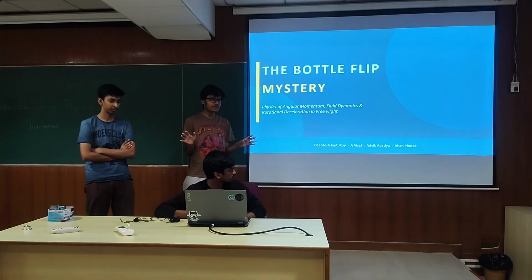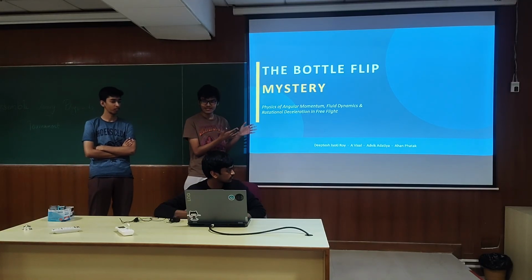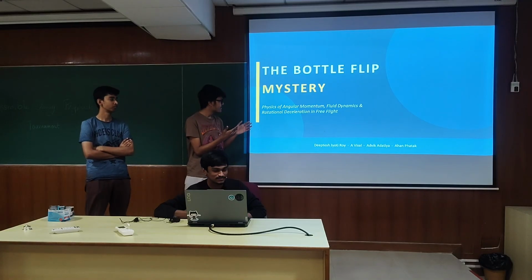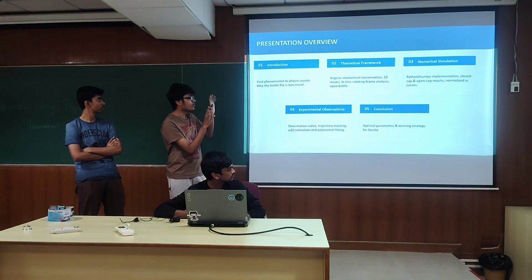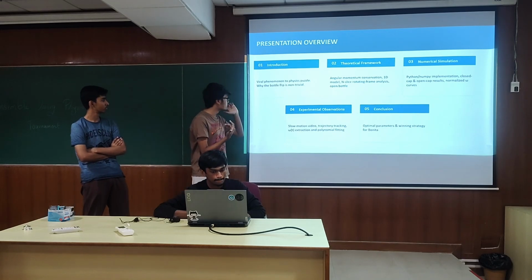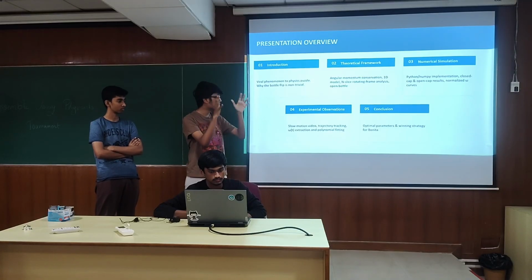So, hello everyone. We're trying to help Bonita with a water bottle flip in our presentation, where we model it basically as a 1D bottle flip. We use a theoretical framework of mostly angular momentum conservation and a 1D model.